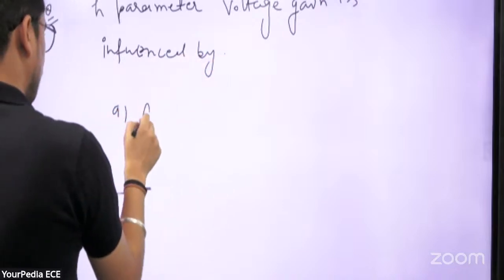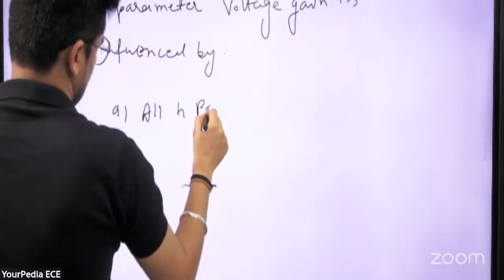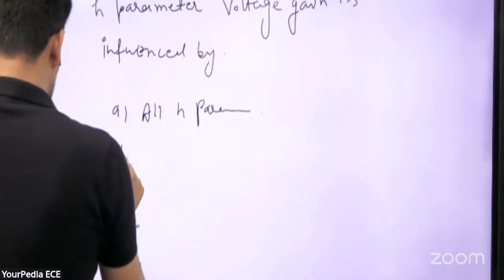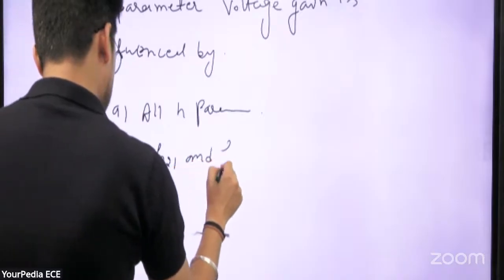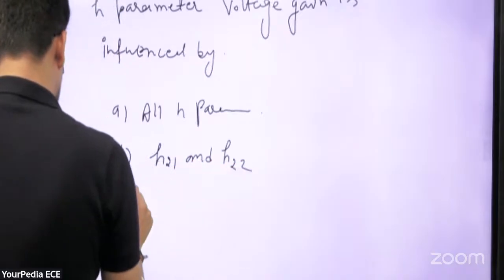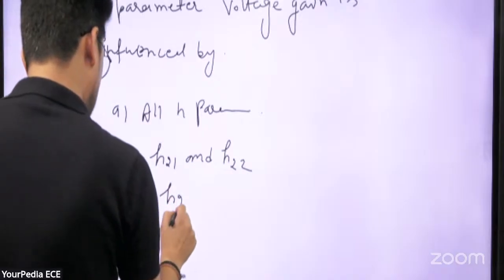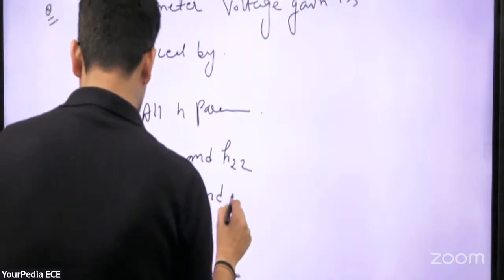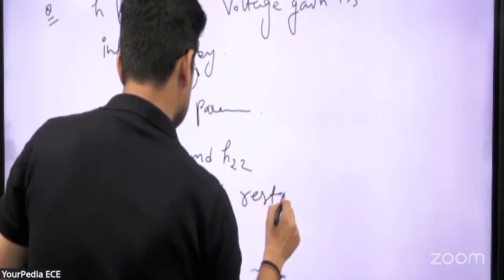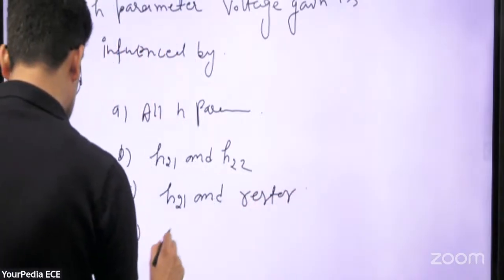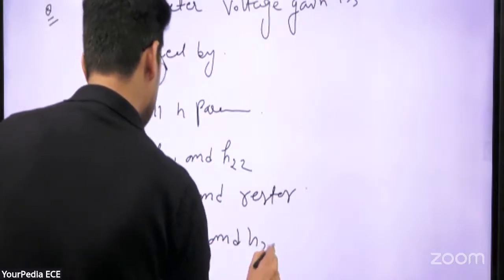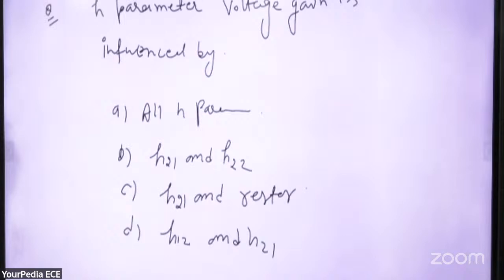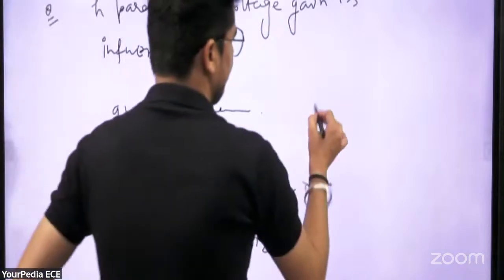Option A is all H parameters, option B is H21 and H22, option C is H21 and resistor, and option D is H12 and H21.